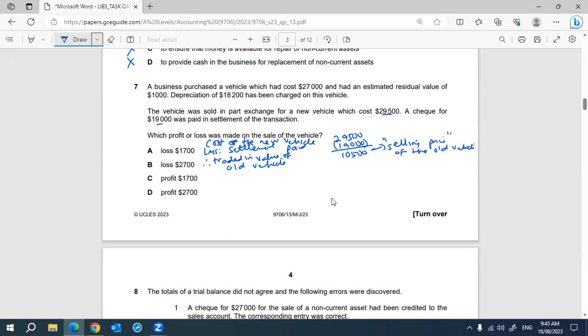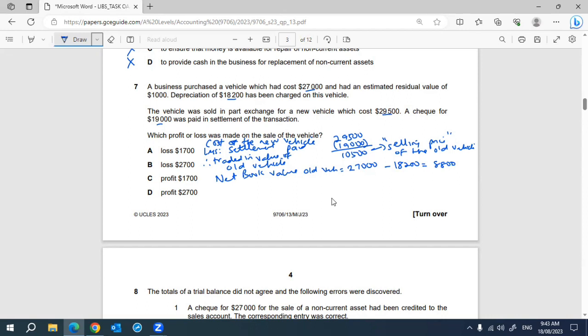Okay, so now we proceed to calculate the net book value of the old vehicle, which is the cost 27,000 coming from here minus the accumulated depreciation of 18,200, and that would be 8,800.